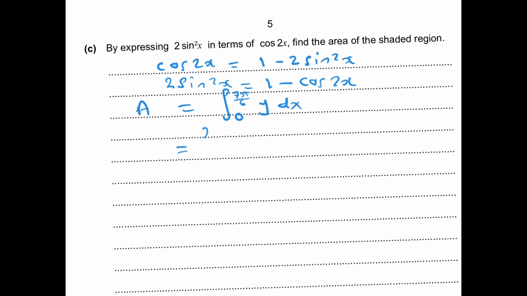Now, our function, we have 2 sine squared x, all right, plus 7 sine x plus 3. That's what we need to integrate there, of course, with respect to x.